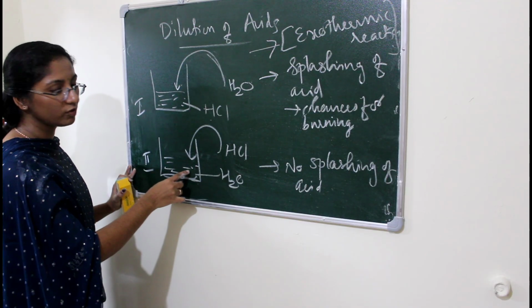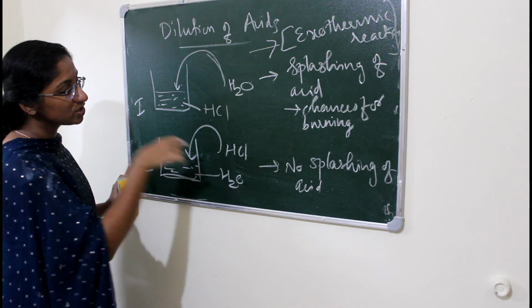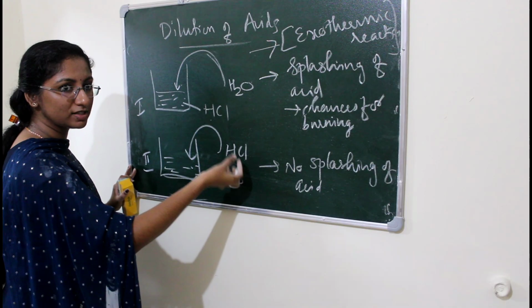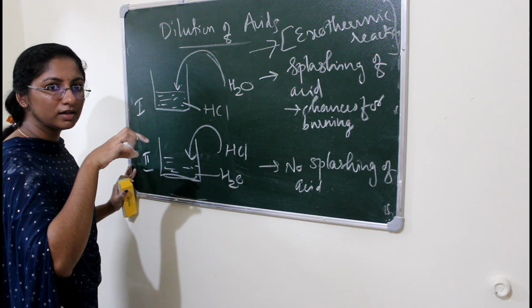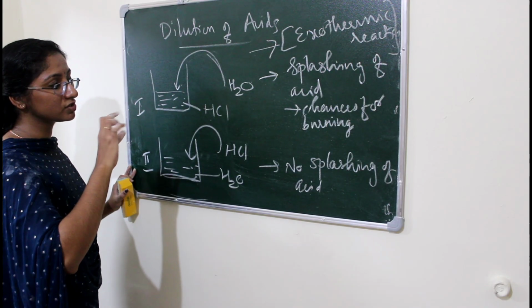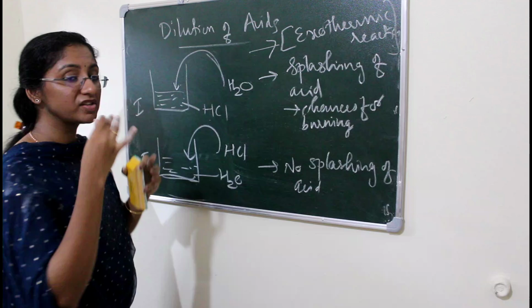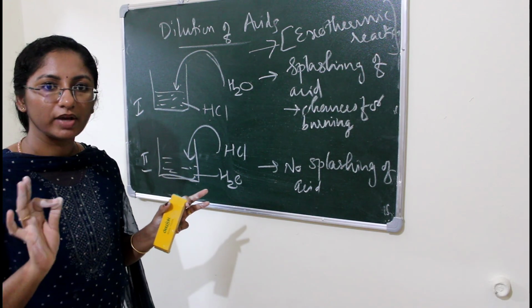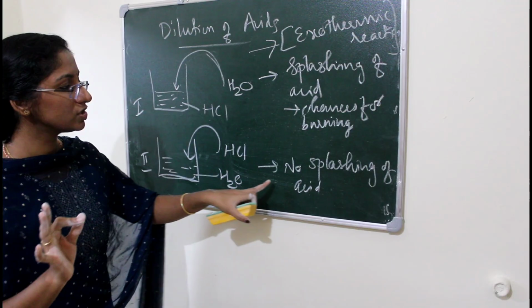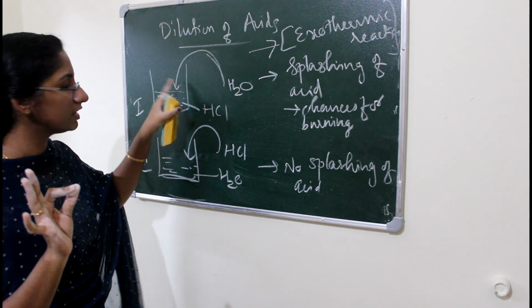And in this, we have less amount of H plus ions from the water molecules. Then we are adding HCl dropwise with constant stirring. So there is no extreme change in the temperature and concentration. So this is not an exothermic reaction such as this. So there is no splashing out of acid. So this method is safer than this method.